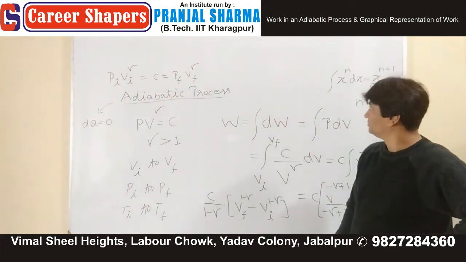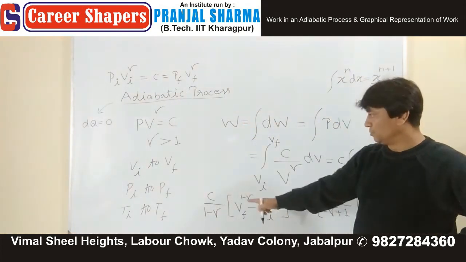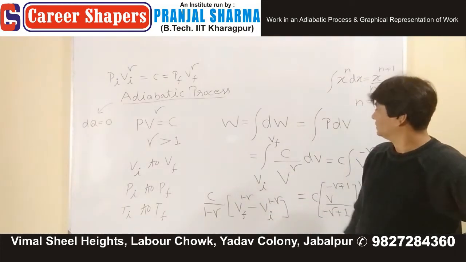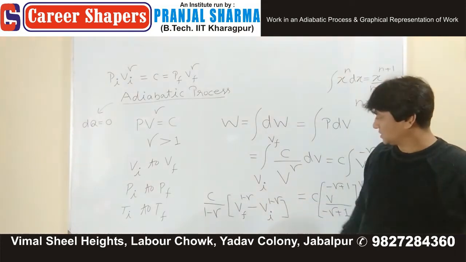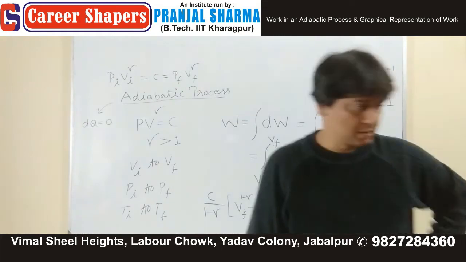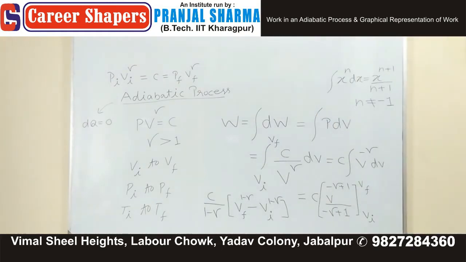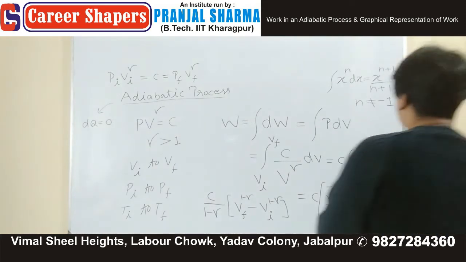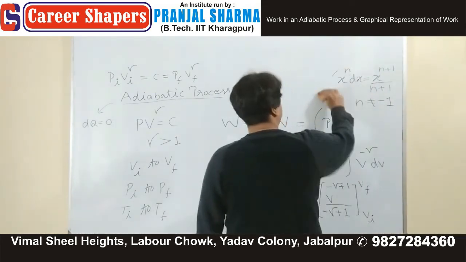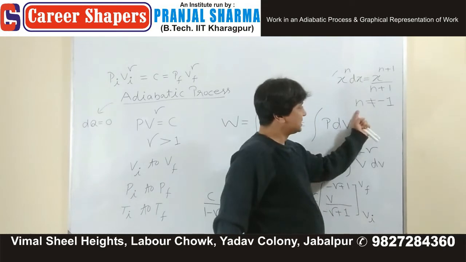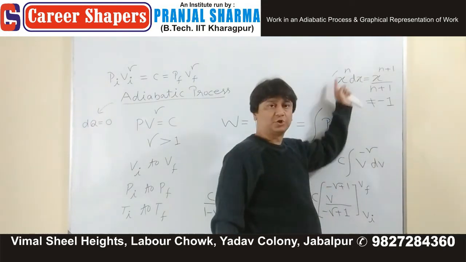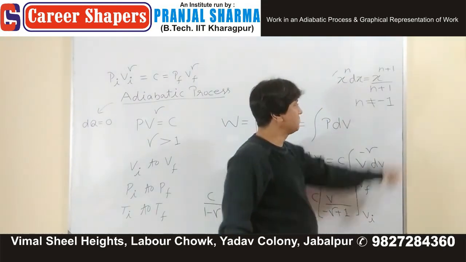Let's do that. So when you multiply inside, note down this first, and then I will multiply C inside. Always remember this, whenever we use x to the power n, n should not be minus 1.